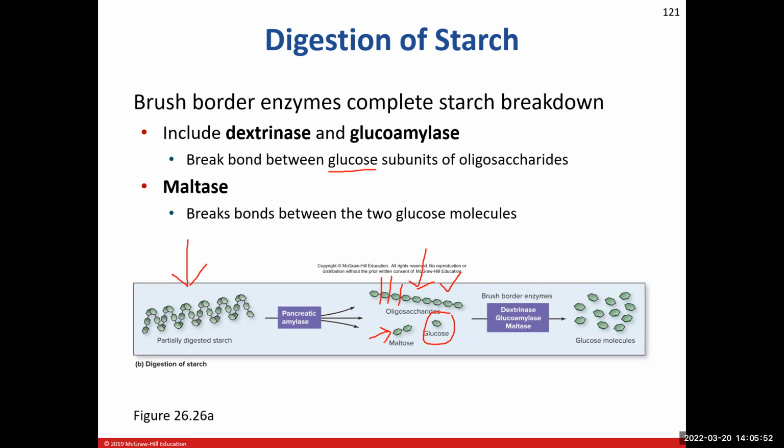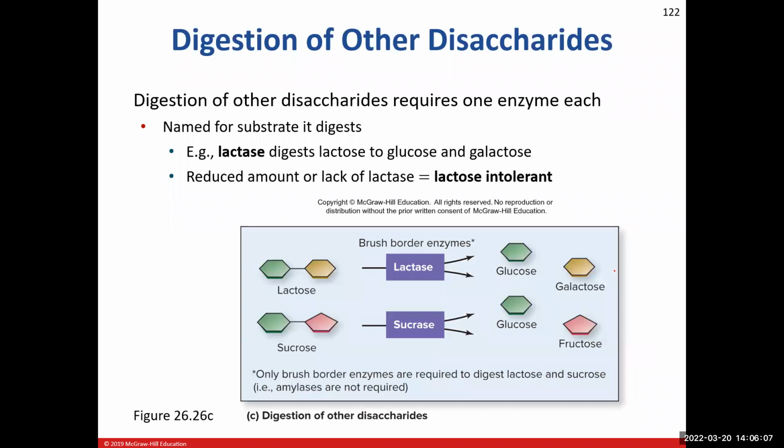Those enzymes will help to complete that starch breakdown. And so ideally, we want to wind up with those glucose molecules. Well, we're not going to stop there, because don't forget, we have two other sugars or disaccharides that we want to talk about: lactose and sucrose.